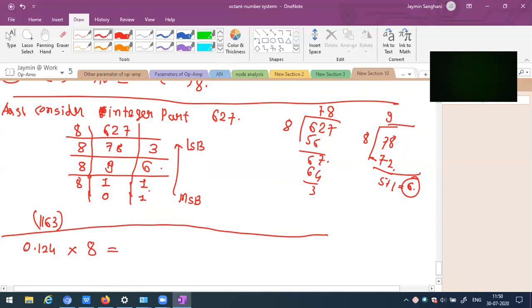See, this is the decimal fraction, this is the base. Multiply with 8. So here 0.992. So whatever 0 is present is known as MSB, most significant bit. So it is 0.